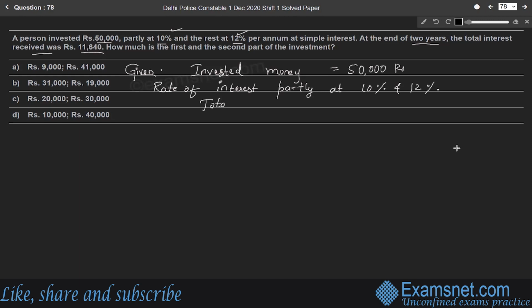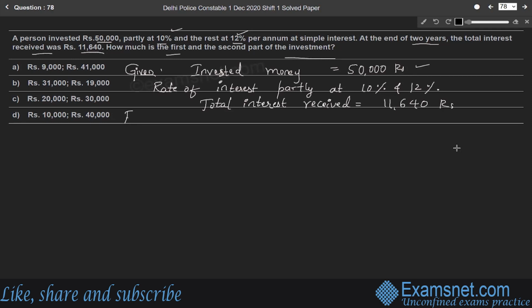Total interest received is equal to 11,640 rupees. So we have to find the first and second part of the investment. The total investment is given, so we have to find first and second part of the investment.